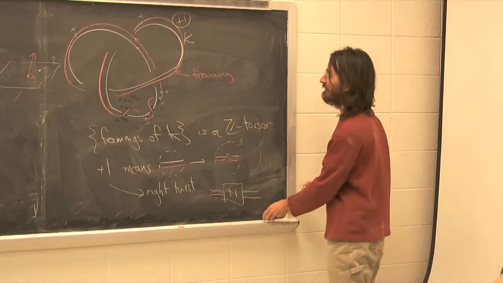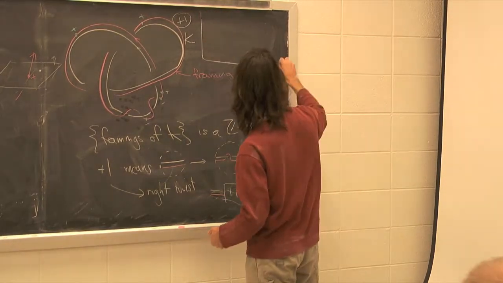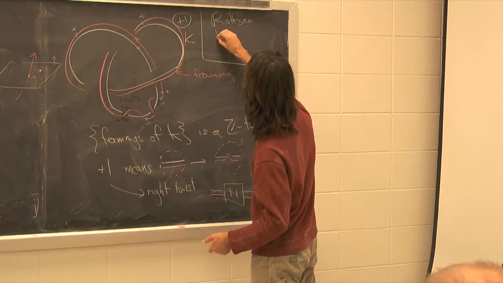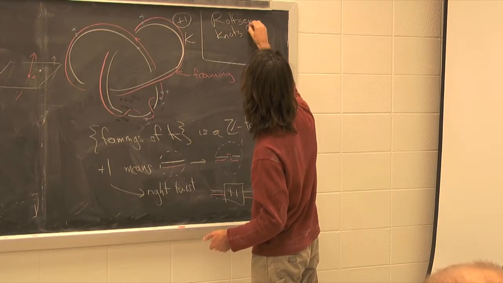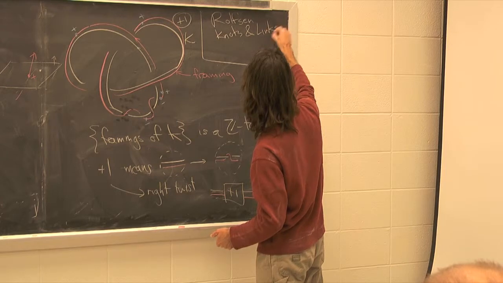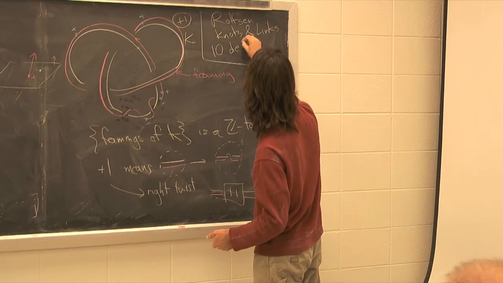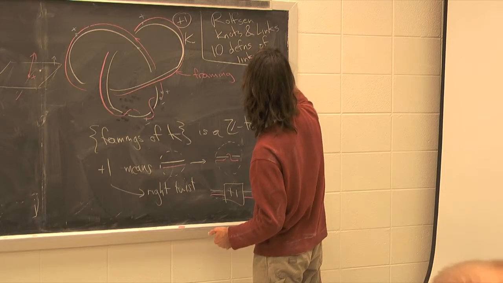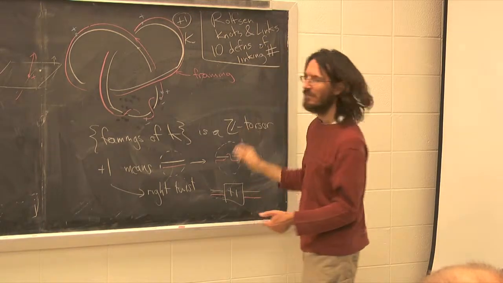Now, for a little background reading on this, I highly recommend Rolfsen, Knots and Links, in which there are 10 different definitions of a linking number, of which this is one.